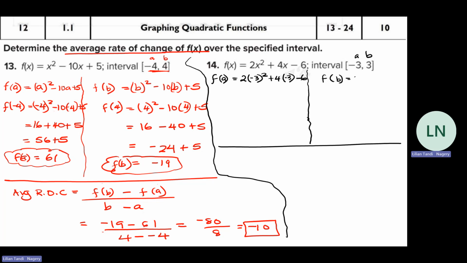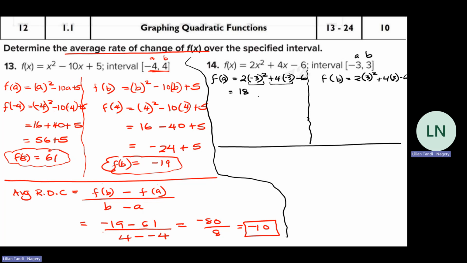Here it will be 2 times 3 squared plus 4 times 3 minus 6. This gives you 18 because this is 9 and 2 times 9 is 18.